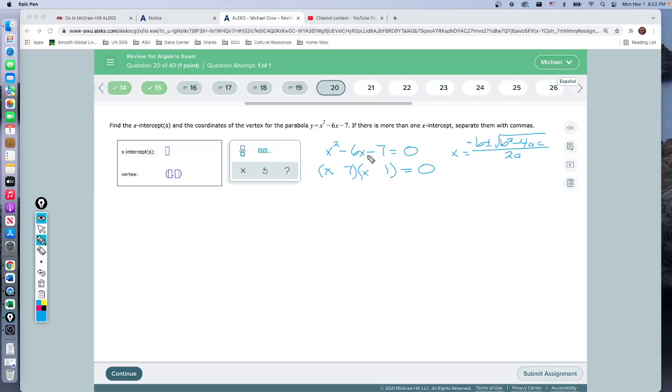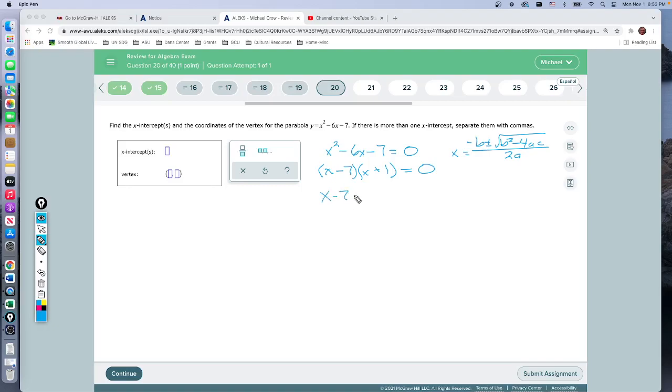To get a negative 7, one of them is negative and the other is positive, because that's the only way you can multiply two numbers and get a negative. The middle number is negative, so the bigger number, 7, has to be negative. The 1 is positive. Negative 7 times 1 is negative 7. We would get a positive 1x and a negative 7x. When you combine those, you get negative 6x. So this is the correct factoring.